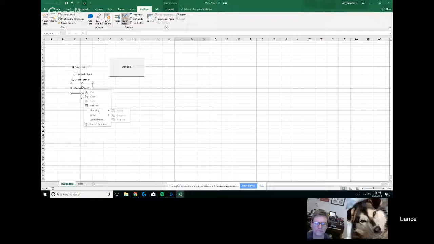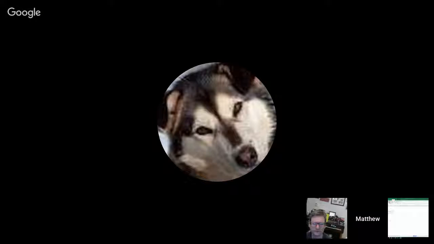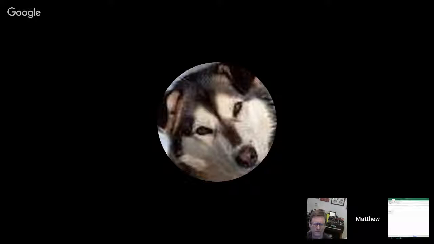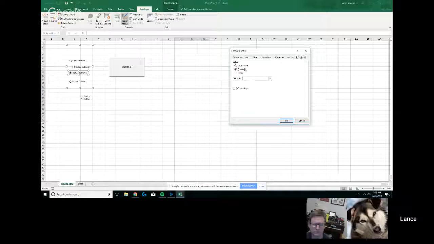Grouping. Because it's asking for something that you can select. That'll be a good route. Yeah, I can group them, but I forgot. Controls.